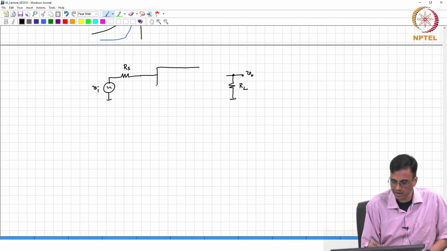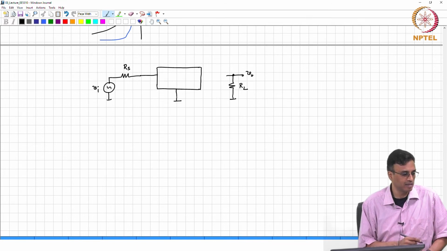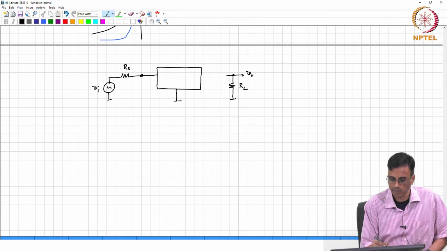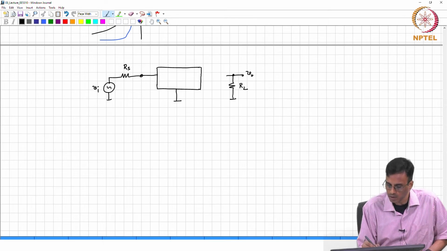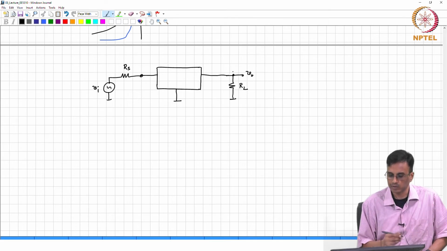I mean, the box is evidently a two port because it has got an input port and output port. However, the box in the simplest case is a three terminal two port. So, there is basically one terminal common between the input and output, and we connect it like this to the output.